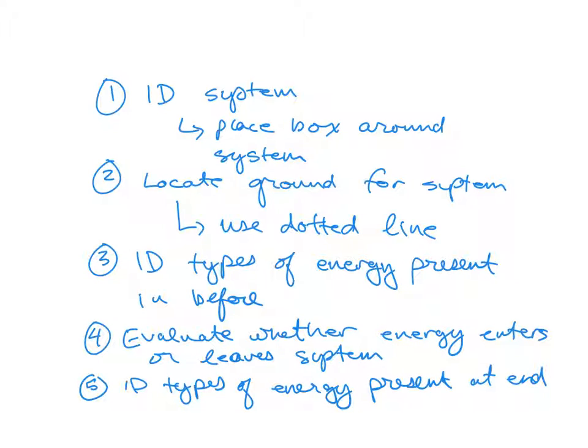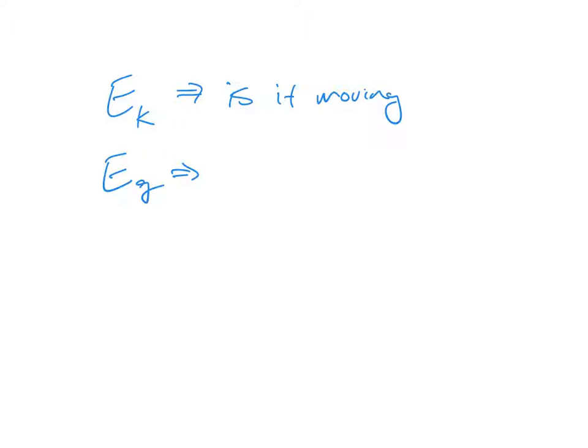So really the types of energies we are investigating are kinetic. And that's basically, is the object moving? If it's moving, it has kinetic energy. We've already talked about gravitational energy, and if it can fall, can it fall?